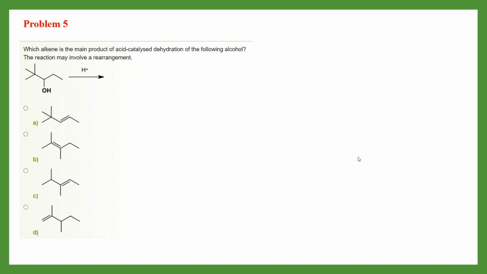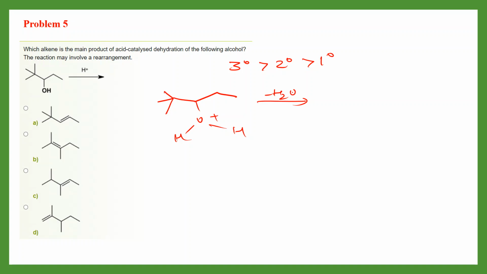Okay, forget about the name. Just tell me the stability order of carbocations. Tertiary is more stable than secondary, which is more stable than primary. So in the first step, we all know that OH is going to be protonated, and it will leave as a leaving group, leaving behind the famous species, our carbocation.